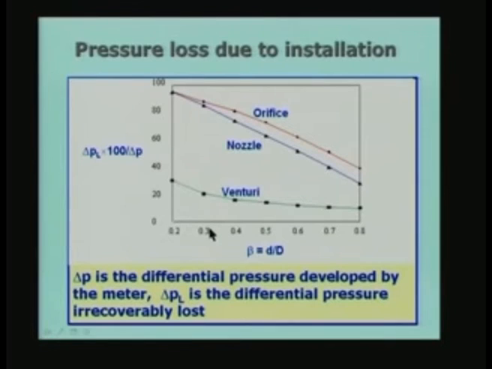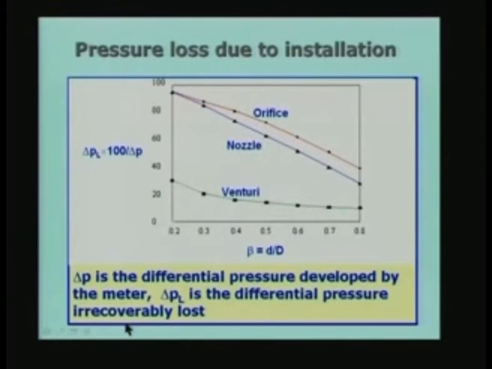Now we will look at why we have 2 or 3 different types of meters when one of them can possibly be adequate. The pressure drop: if you remember, I mentioned that the pressure changes from the entry to the second section, the pressure goes down because of the change in the velocity, and then afterward the flow is again going to expand to fill the pipe.